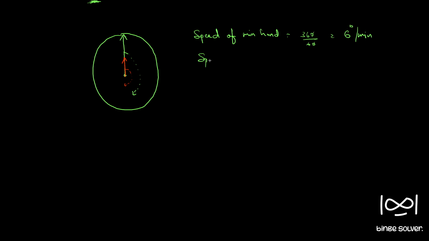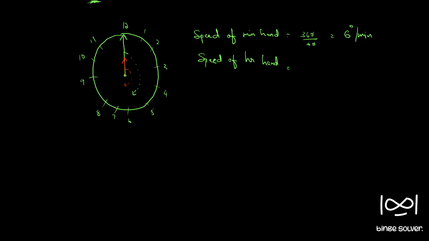And similarly, the speed of the hour hand: it travels 360 degrees in 12 hours. If you see 12, 1, 2, 3, 4, 5, 6, 7, 8, 9, sorry for the unequal distribution. Anyway, for the hour hand to travel from this position and complete 360 degrees, it will take 12 hours.